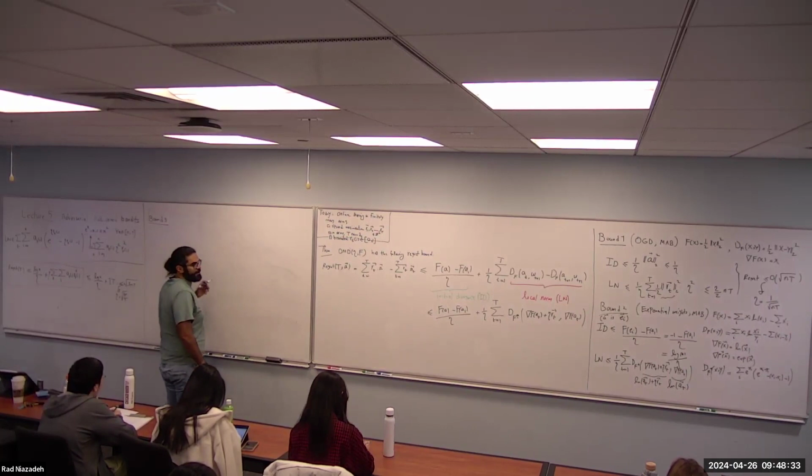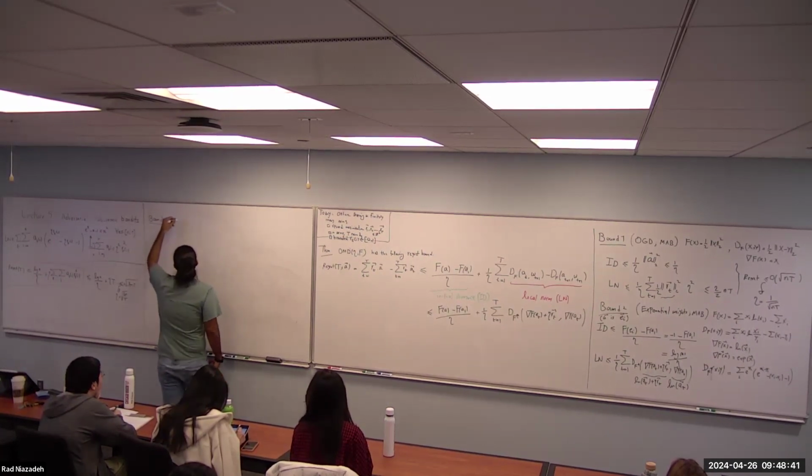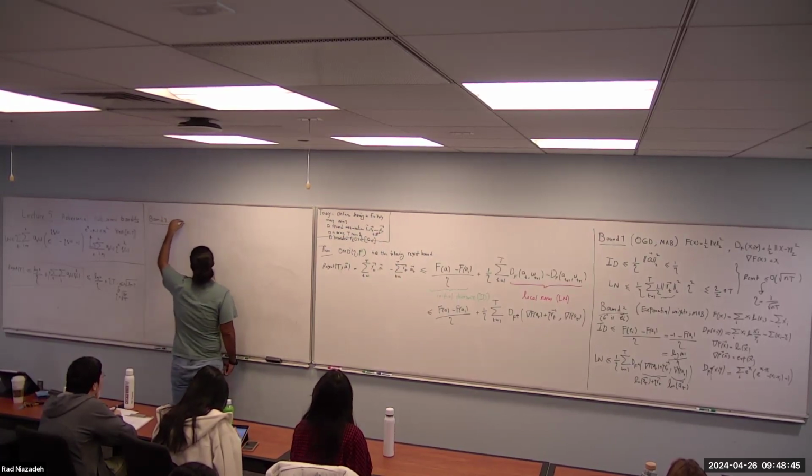There is a way to generate mirror maps from potential functions. So this bound comes with a couple of explanations.